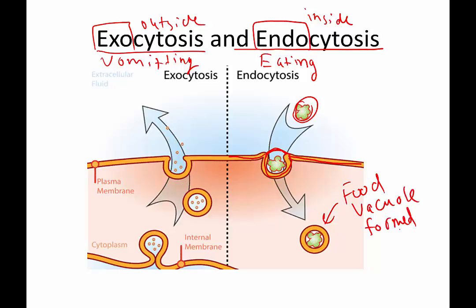So essentially by the pinching together and this in-pocketing of the plasma membrane, the cell has actually ingested some food. So that's endocytosis, bringing something inside the cell, which is why it gets the endo prefix.